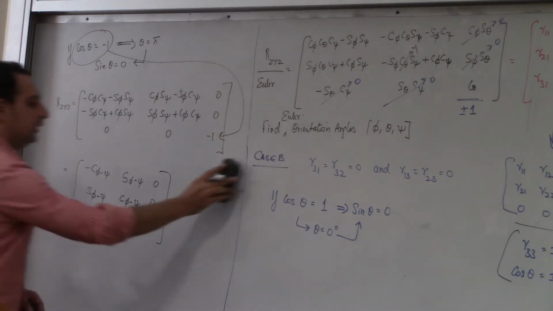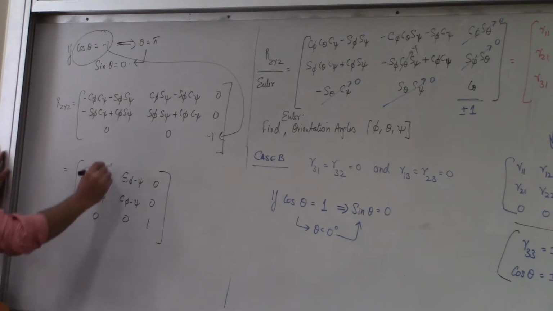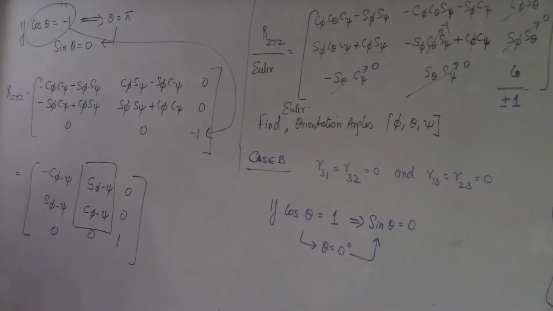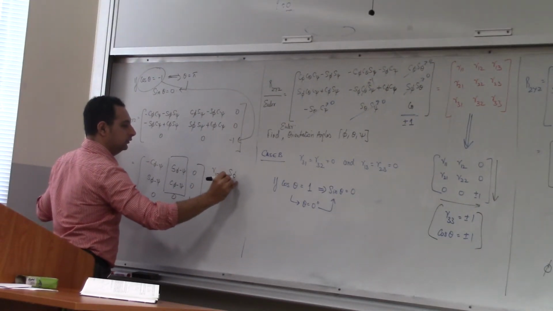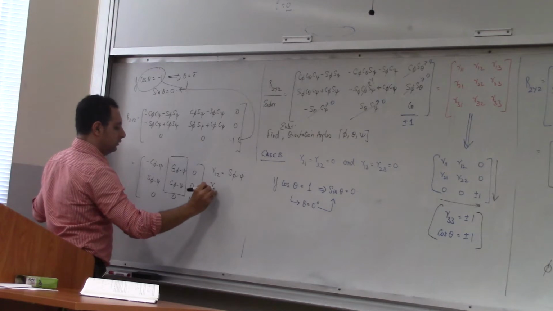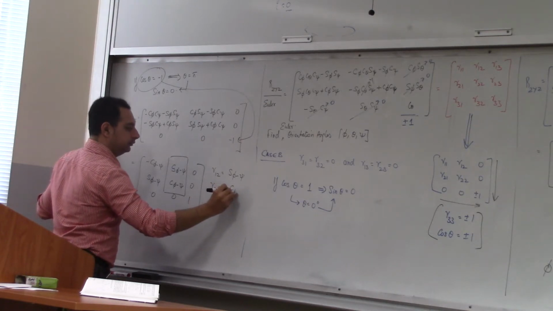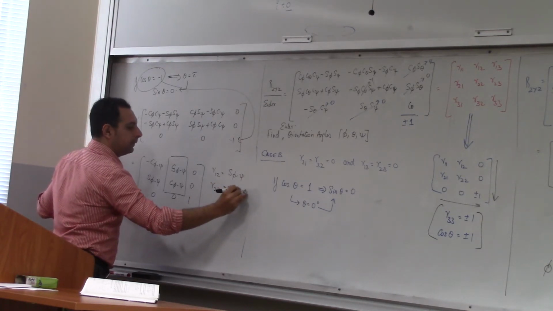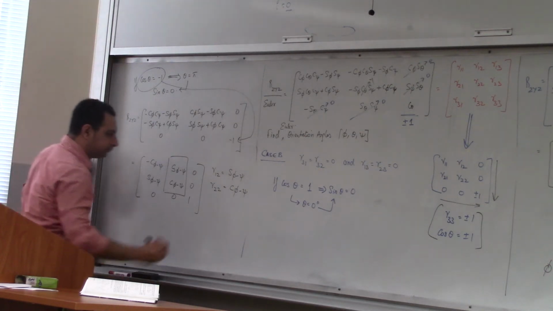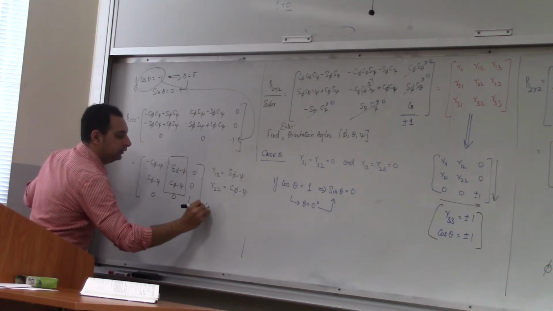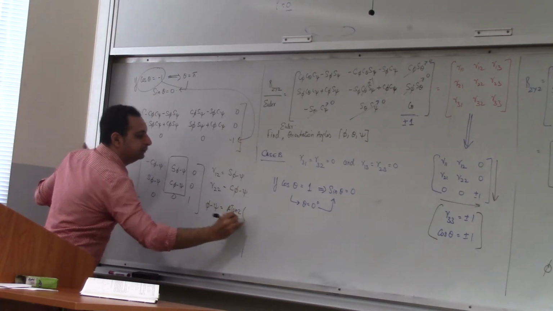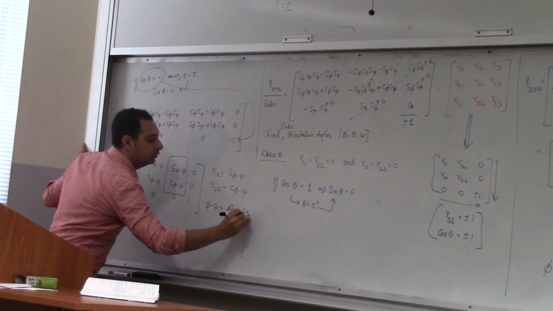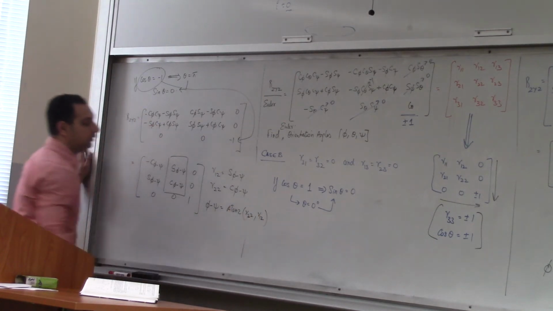So you can write out the angles once again here. You can take these two if you want. So this will be R12 and R. So theta minus psi will be atan2(R22, R12).